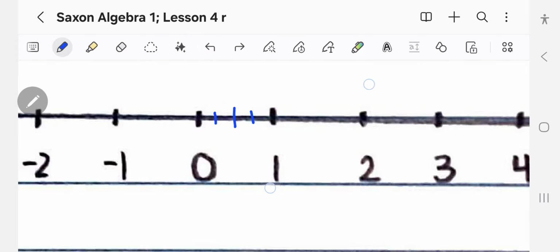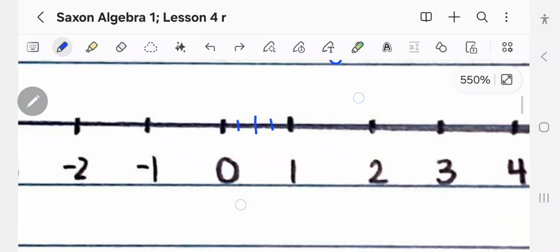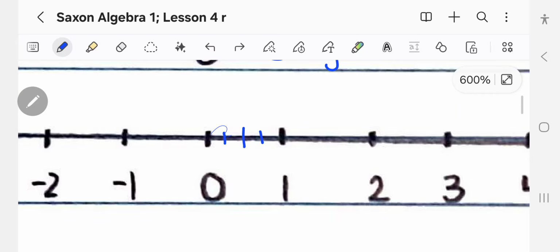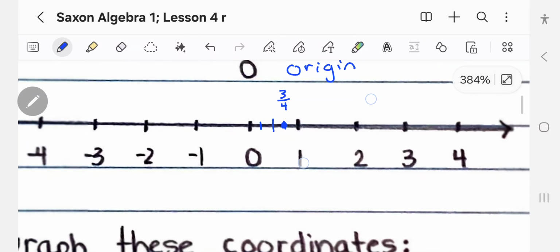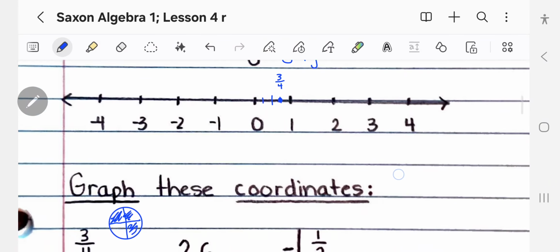So I have these 4 pieces now, and I want to talk about 3/4. So I'm going to go from 0, and I don't start counting until I move. So 1, 2, 3. This would be the point 3/4. It's between 0 and 1, but it's a little closer to 1.